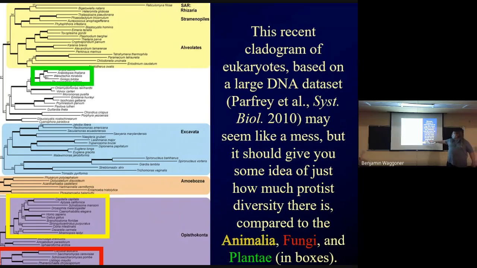And so we have some protists down here that are close to the animal kingdom. There's some that are close to the fungi. There's some protists up here that are close to the land plants. And there's a whole bunch that aren't especially close to any of them. They represent completely separate branches of the eukaryote domain.